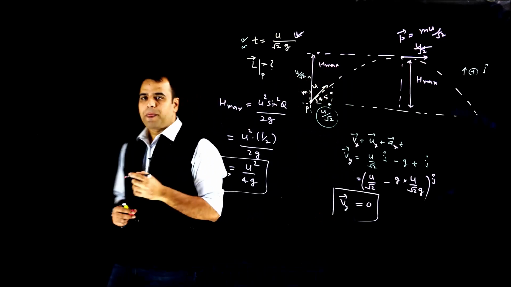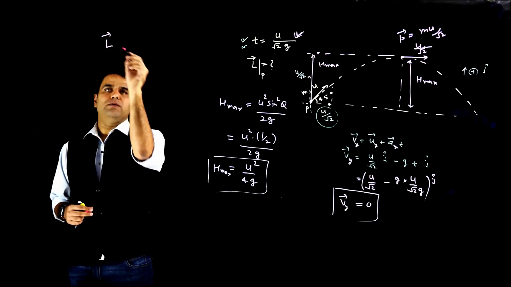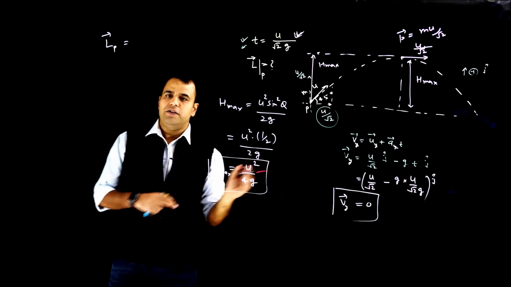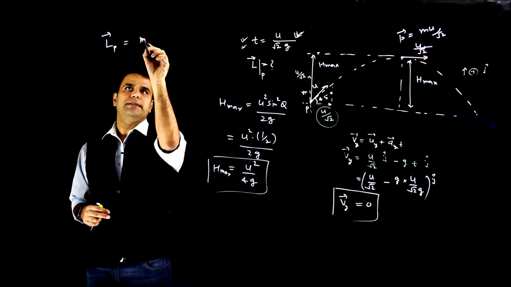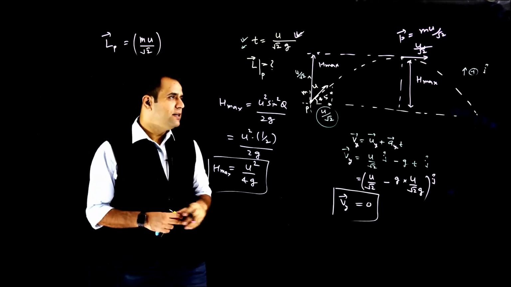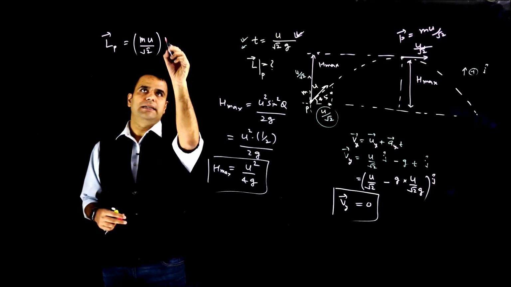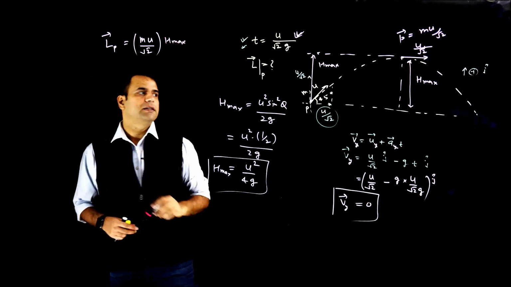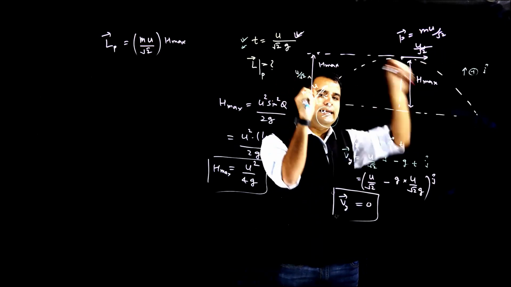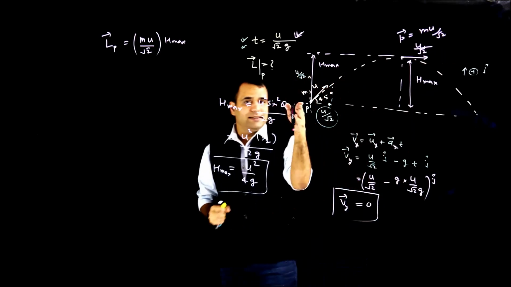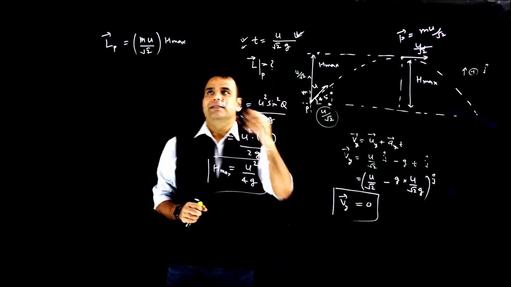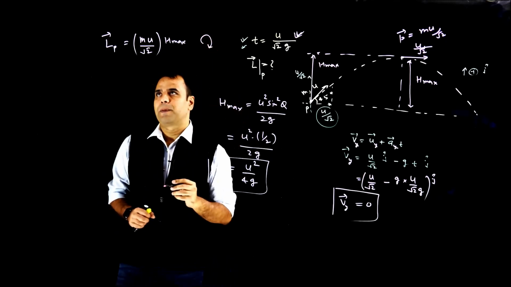So, if you remember how to calculate angular momentum, the angular momentum of this point mass about point P will equal the magnitude of linear momentum, mu by root 2, multiplied by this perpendicular length, which is h max. And you see, if I hold the axis with the left hand and move the momentum, this is going to be clockwise, and clockwise means inside. For me it is inside, for you it is outside. So it is going in this direction.